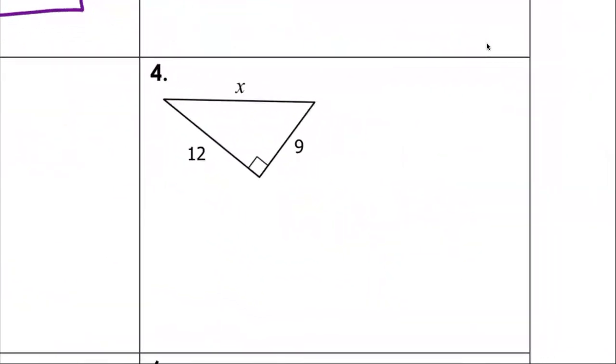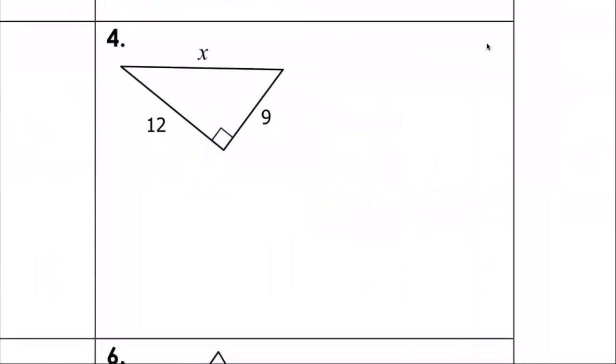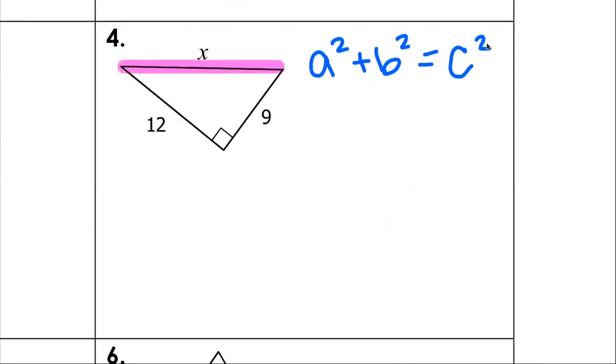Let's try number 4. Okay. We have a squared plus b squared equals c squared. Okay. Well, I know that this is my hypotenuse. So I'm going to label my A, B, C. Okay.